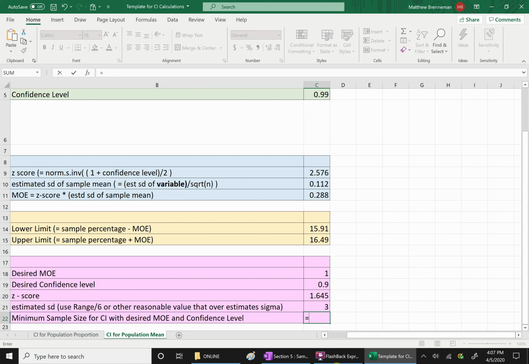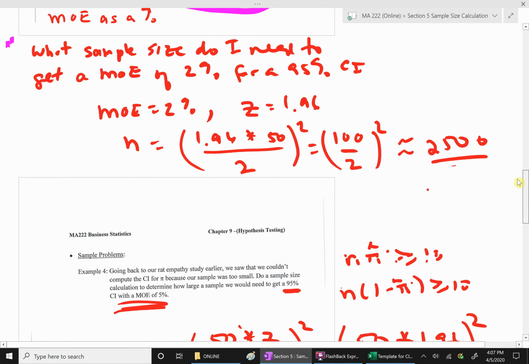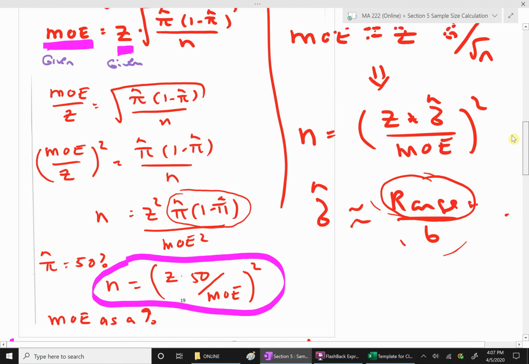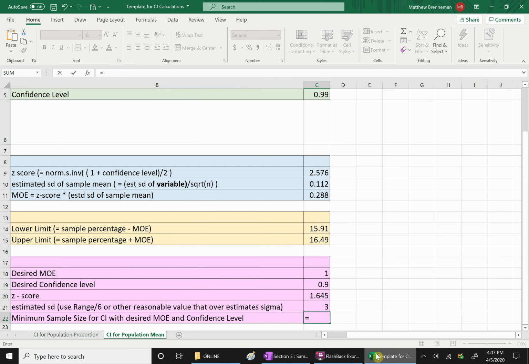And now I go ahead and plug it into my formula, right? So my formula says it's going to be z times the standard deviation divided by the margin of error, squared. So this is going to be my z-score times my standard deviation divided by, of course, 1 doesn't do anything, but still you have to put it in there because it might not be 1, right?